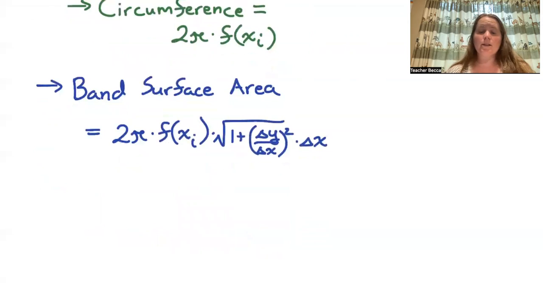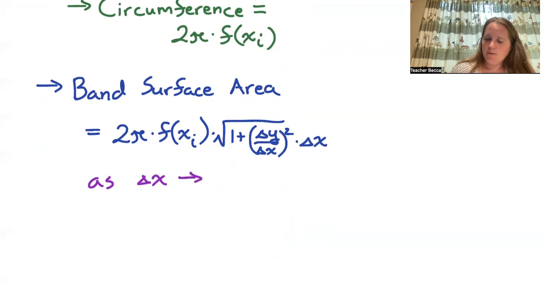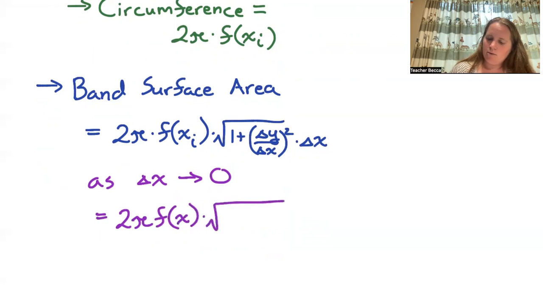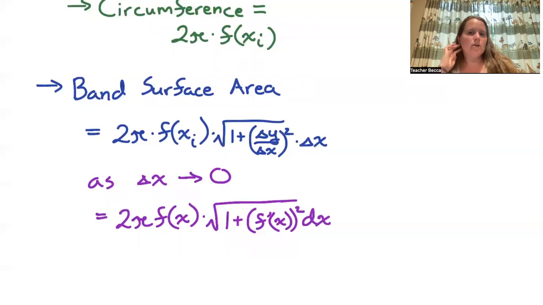Then as we let delta x go to 0, we get that this is equal to 2 pi times f of x times the square root of 1 plus f prime of x squared times dx. So this should look similar to what we did for arc length. We just have this extra 2 pi times the radius out front.